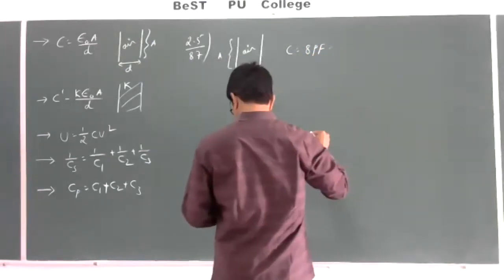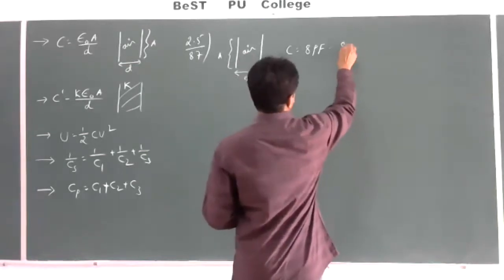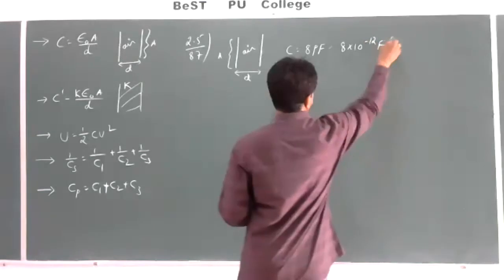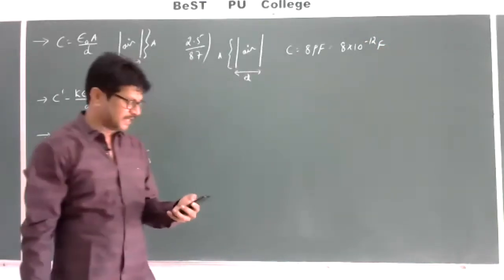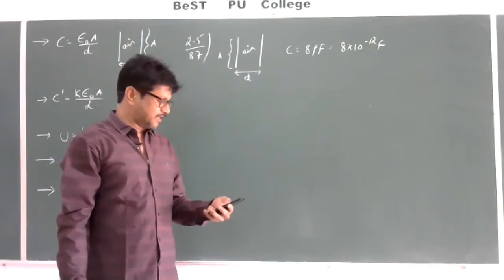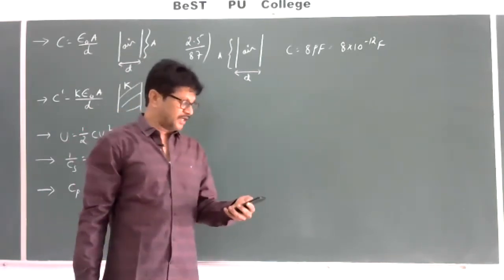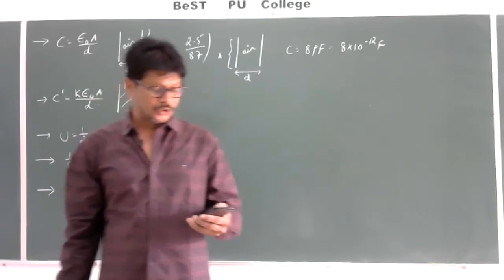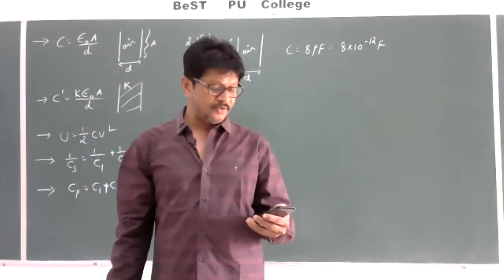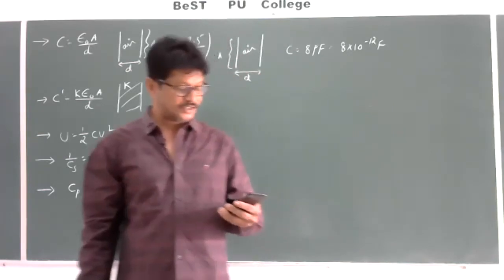Pico is nothing but 10 to the power of minus 12 farad. So that is the data he gave. What will be the capacitance if the distance between the plates is reduced to half and the space between them is filled with a substance of dielectric constant 6.